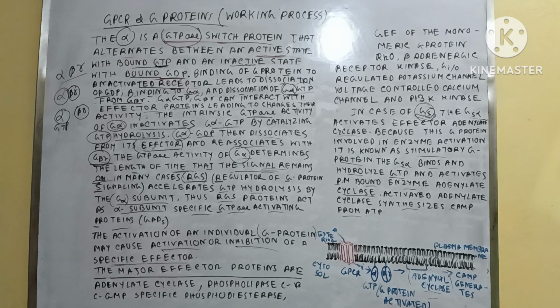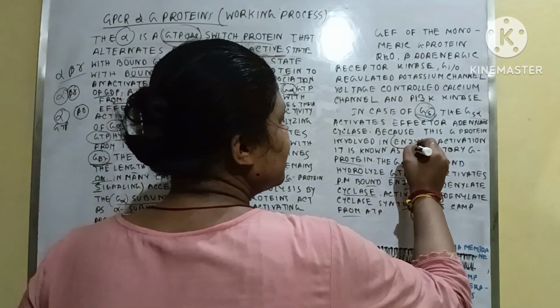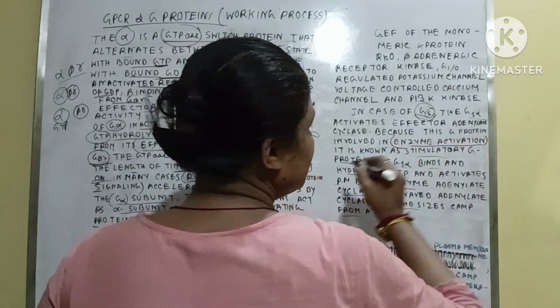and this Gs alpha activates the effector molecule, that is adenylate cyclase. So Gs alpha activates the effector adenylate cyclase, and here the G protein is involved in enzyme activation. The enzyme activation is another role of the G protein.